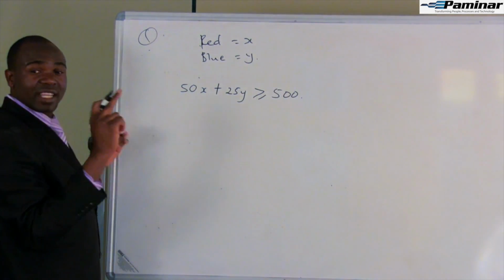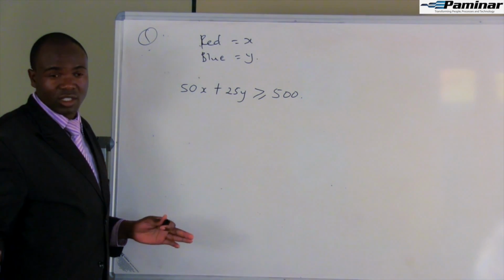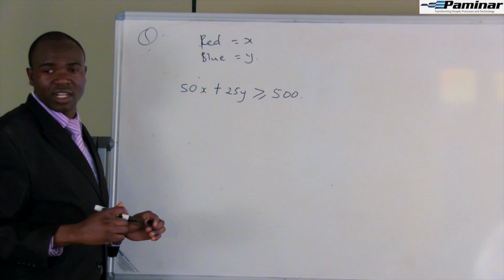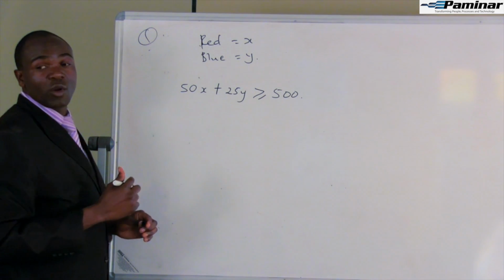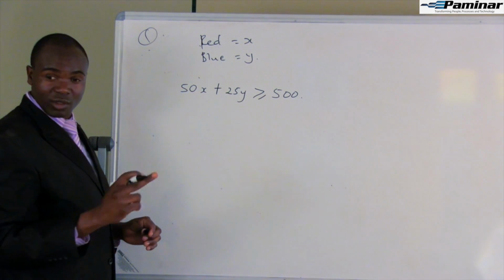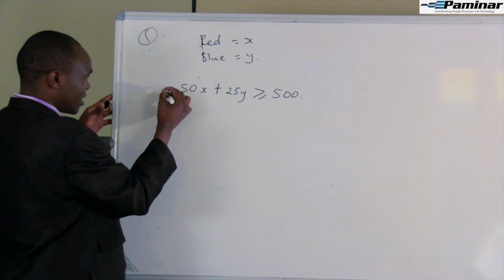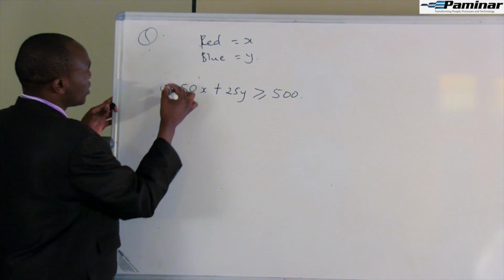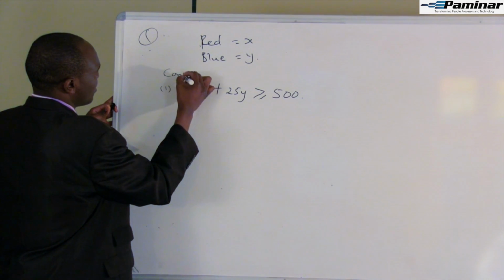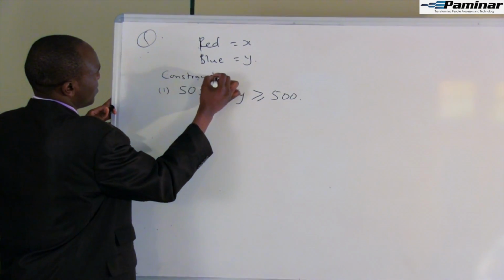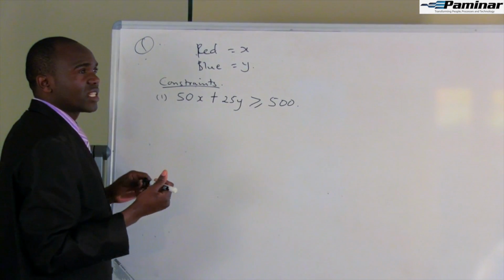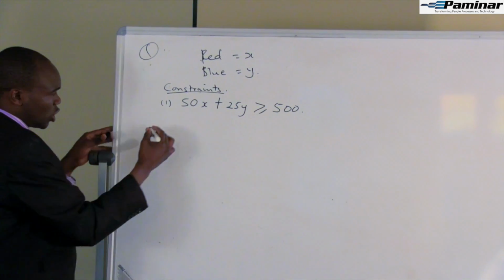It cannot be less than, because if it's less than, it cannot accommodate these students. It should be greater than or equal to 500. That's the first constraint. Now, the second.